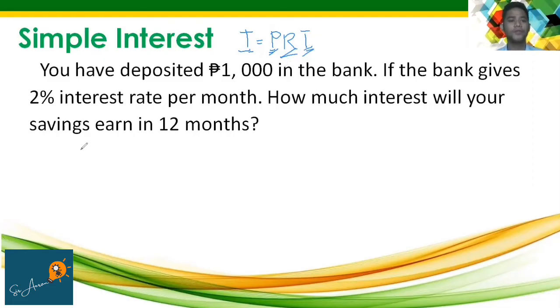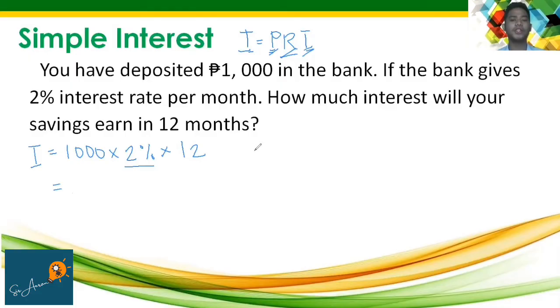Okay, so let's solve for this problem. We will solve for interest. Okay, magkano daw ang tutubuin nung or kikitain ng iyong savings? So ang principal is 1,000 pesos times ang rate ay 2%, times ang time naman ay 12 months. Okay, so yung mga values na yan ipag-multiply natin. So ayusin muna natin itong rate.